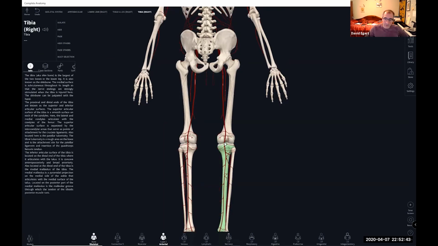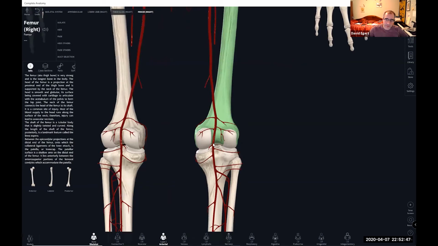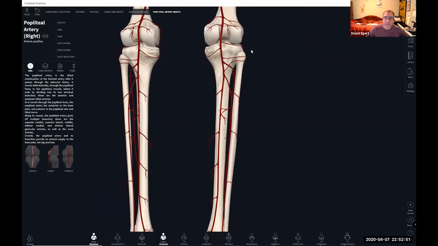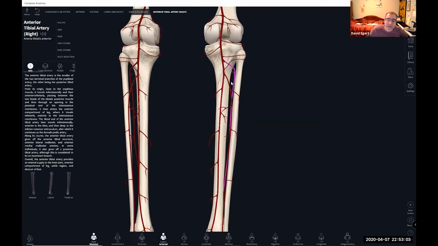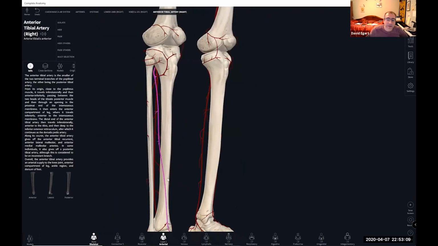My mousing skills could be better here. There. Popliteal artery going behind the knee. Then we see that it just continues down. The popliteal artery continues down along the back of the tibia and is the posterior tibial artery. We can also see that it has another branch that's going here in between the fibula and tibia and ends up on the front of the leg here.